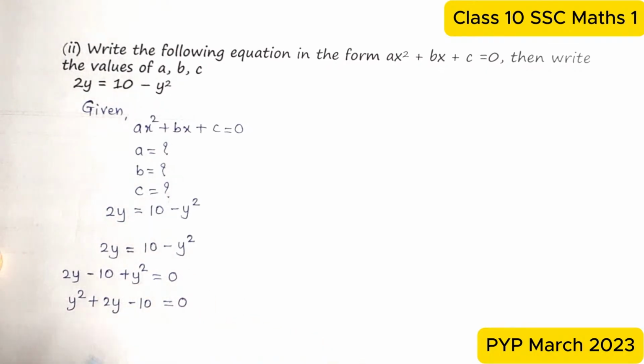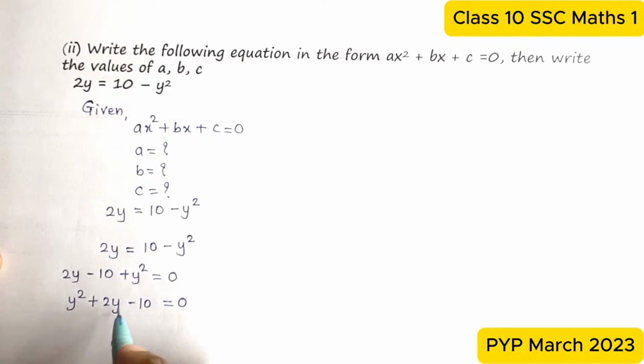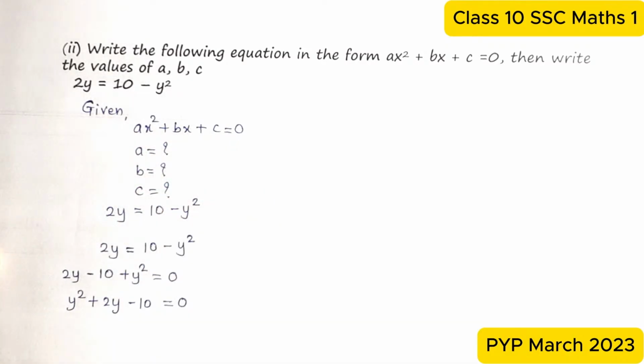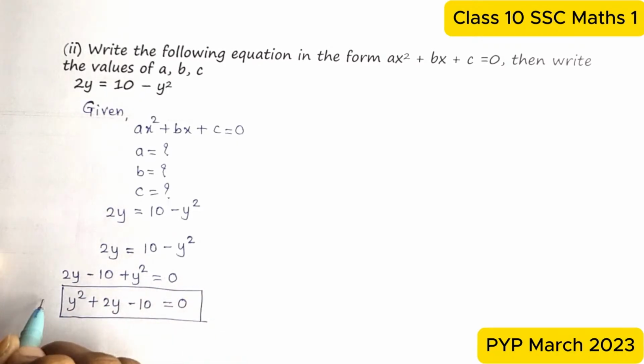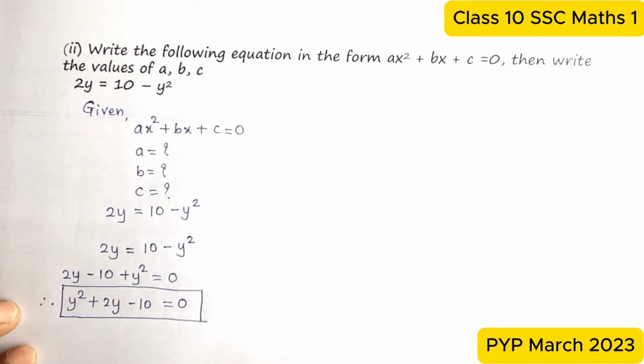Okay students, so now here this is the last step, that we convert the given equation into this form, this general form of the quadratic equation. So it is very easy. So here we write the box this way. Then students, we have to also find out the values of a, b, c here.